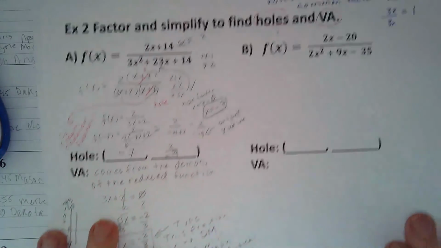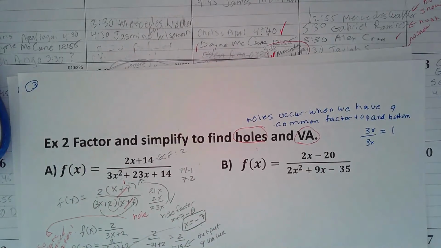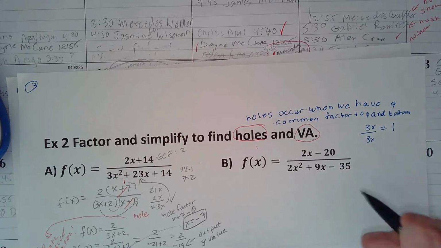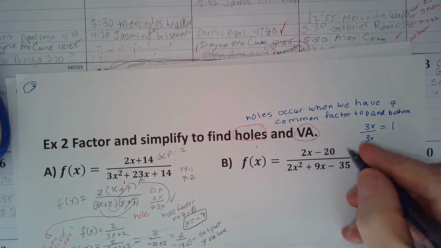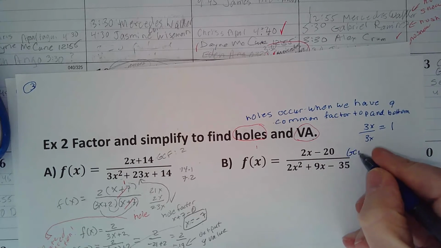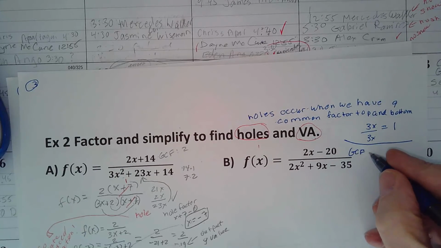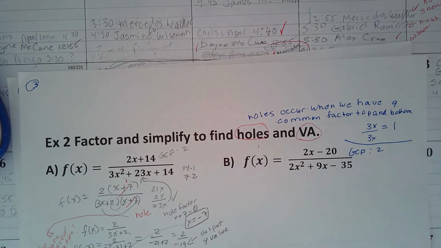Okay, so now let's go to the next one and see if we can go a little bit faster. All right, so if you look at the numerator here, we've got a GCF of 2. We can divide out a 2. So let's do that.